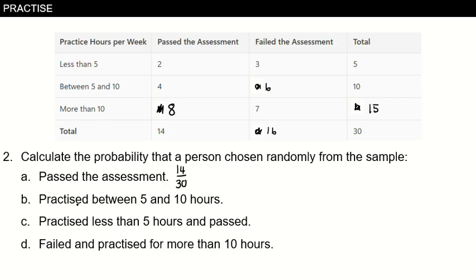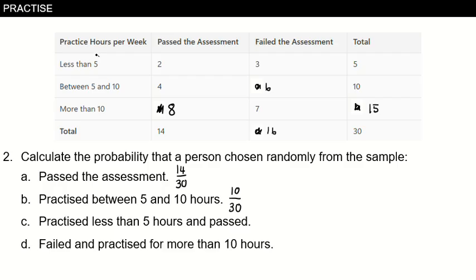Calculate the probability that a randomly chosen person practiced between 5 and 10 hours. Practice hours per week between 5 and 10. We see the total people said 10 over 30 people practiced between 5 and 10 hours. Practiced less than 5 hours and passed.